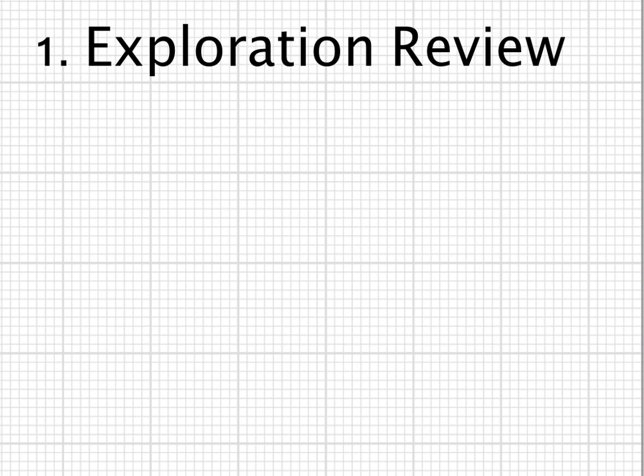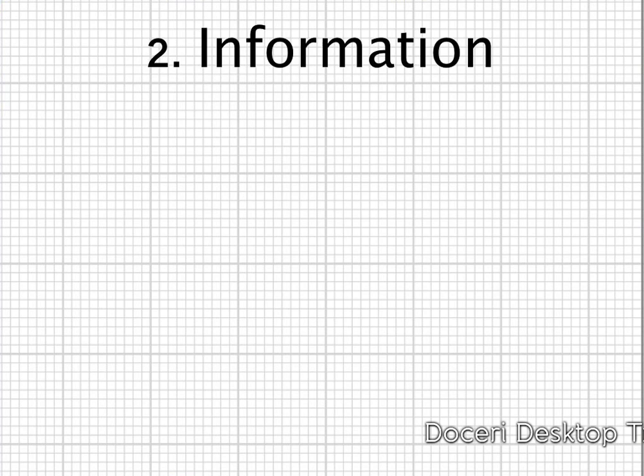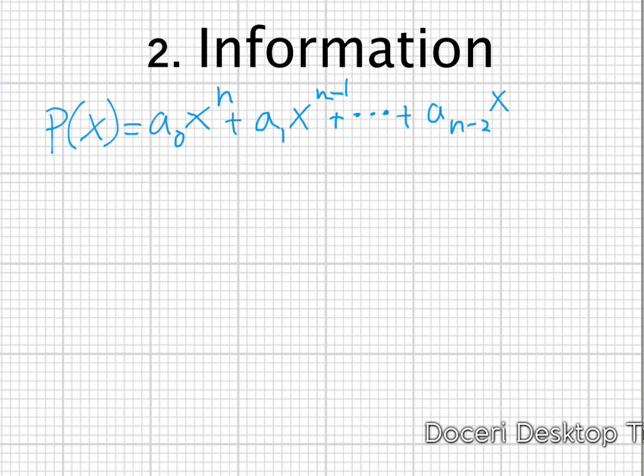So a little bit of information. We're first going to start talking about polynomial equations. Okay, so the definition of a polynomial equation is p of x equal to a sub 0 x to the n plus a sub 1 x to the n minus 1, all the way down until I get a constant number, just a number.